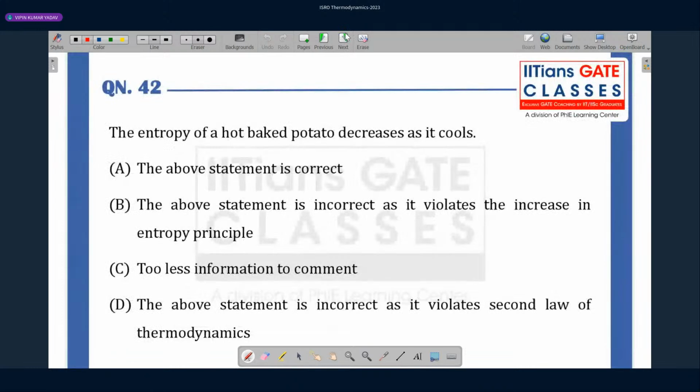The entropy of a hot baked potato decreases as it cools. The above statement is correct. The above statement is incorrect as it violates the increase in entropy principle. Too less information to comment. The above process is incorrect and violates the second law of thermodynamics.